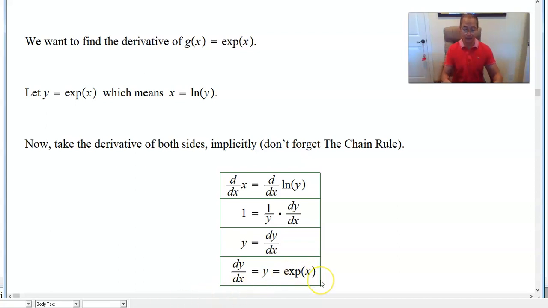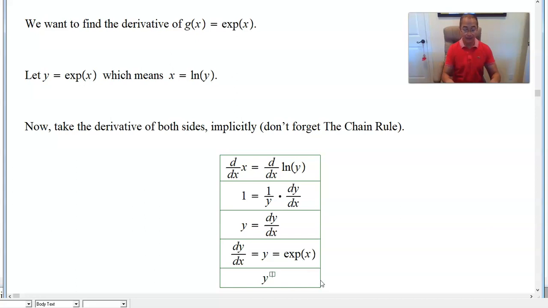This equation tells us that y prime equals y. Okay, so there you go. That is one of the simplest kinds of differential equations where you see y and y prime in the same equation. And now we know that the exponential function is the solution to this differential equation.